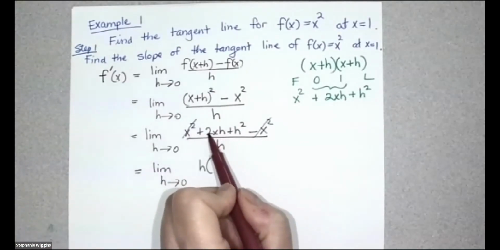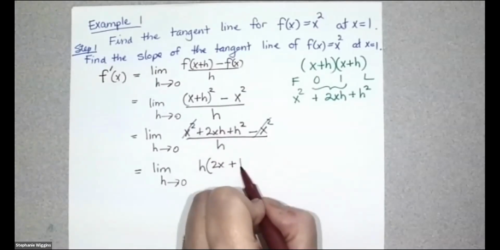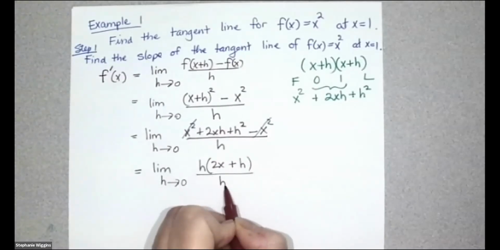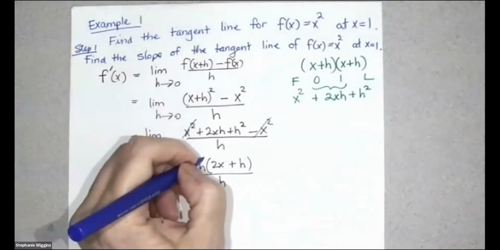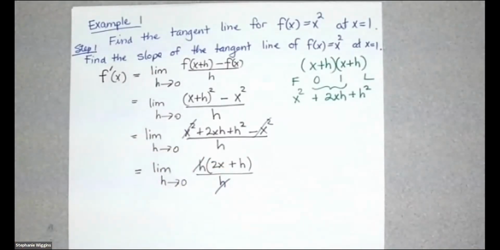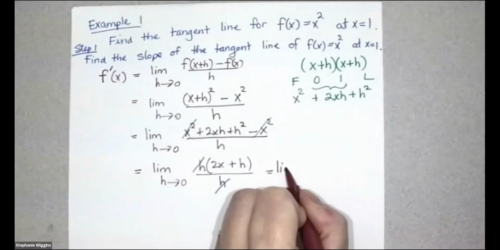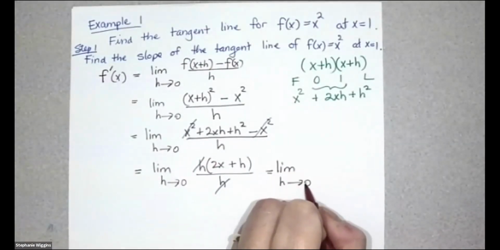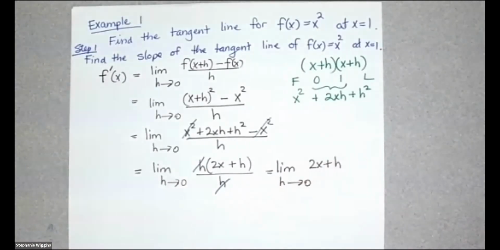And that leaves me with 2x plus 1h. And as you can see now, my h's will cancel. And this becomes the limit as h approaches 0 of 2x plus h.